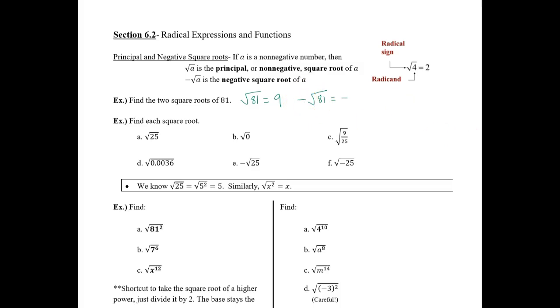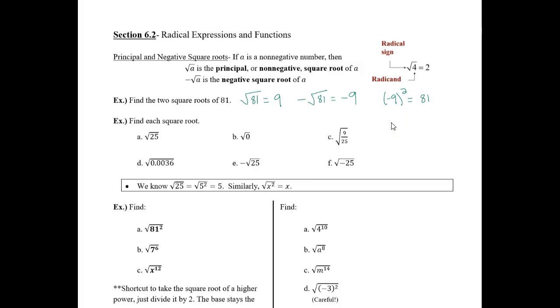So that negative out front is applied after you take the square root. It's on the outside. And again, that's because negative 9 times negative 9 would give me 81. That's what square root does. What times itself would give me that value? Negative 9 times negative 9 would give me positive 81.